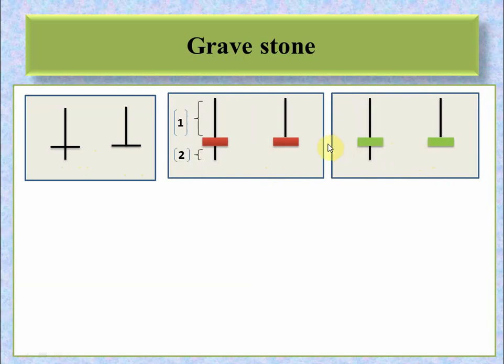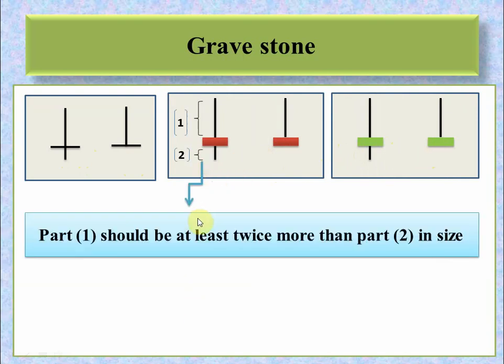The only and the most important thing about doji is this, that part 1 here, this is part 1, it should be at least twice or more than part 2, here is part 2, in size. Whenever part 1 is less than part 2, it is not gravestone anymore.